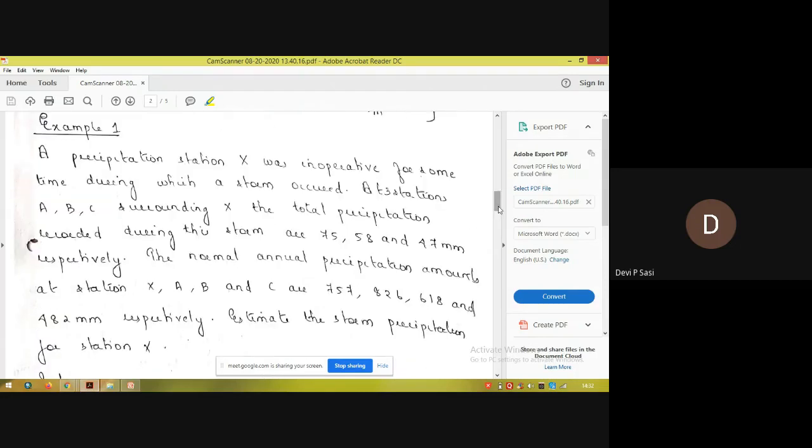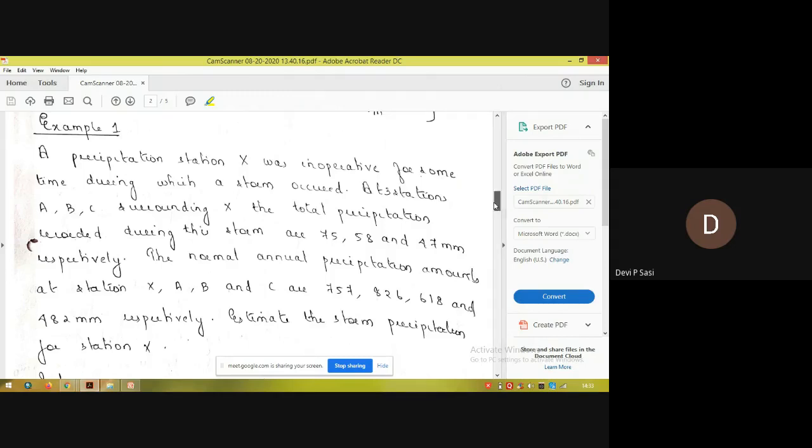There are a number of precipitation stations 1, 2, 3 up to M. And the precipitation or the total rainfall at those stations are represented by capital letter P. So, P1, P2, P3 ആണ് ഈ 75, 58 and 47. അല്ലെങ്കിൽ നിങ്ങൾക്ക് എഴുതാം PA, PB and PC ആണ് 75, 58 and 47.